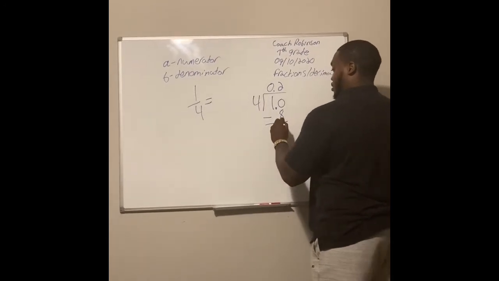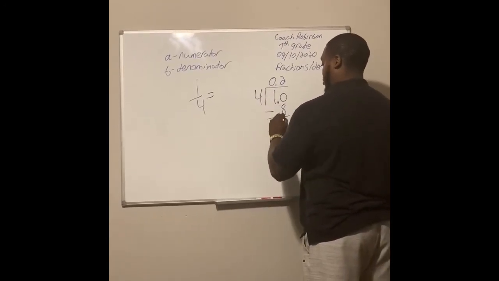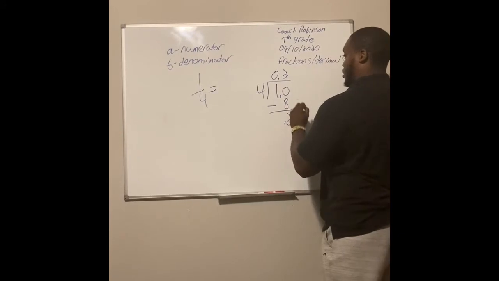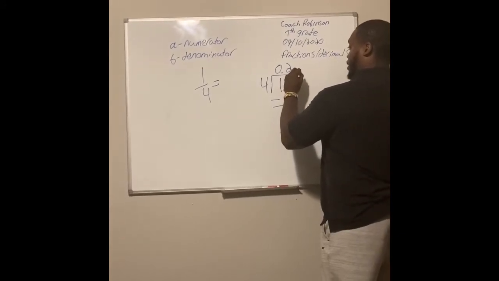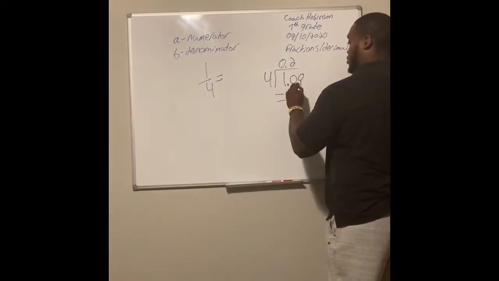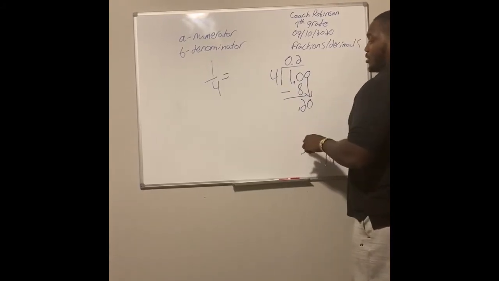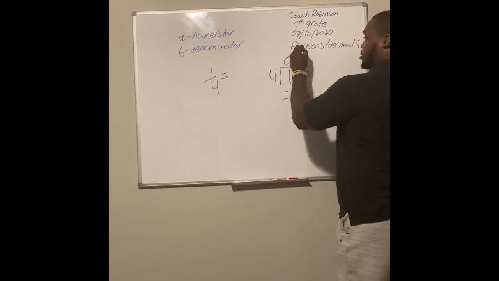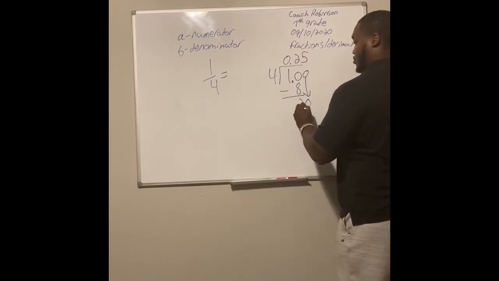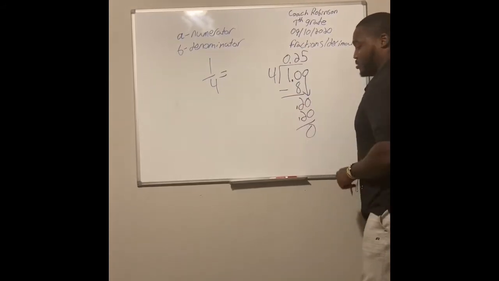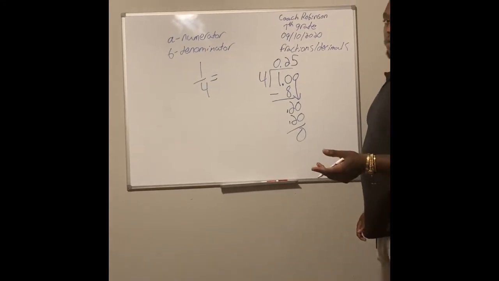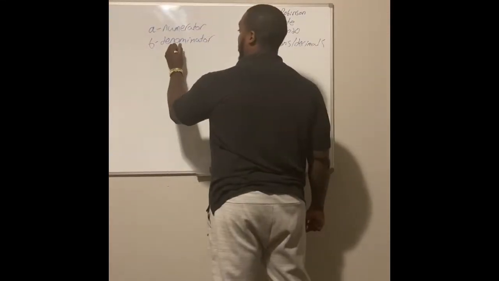Okay, this will turn into 0.2, and then you will add a 0 here because you can't just finish the problem like that. So now we know 4 goes into 20 5 times. 0.25. All right. So now let's try 1/5.